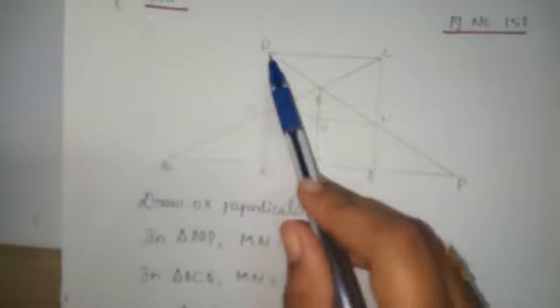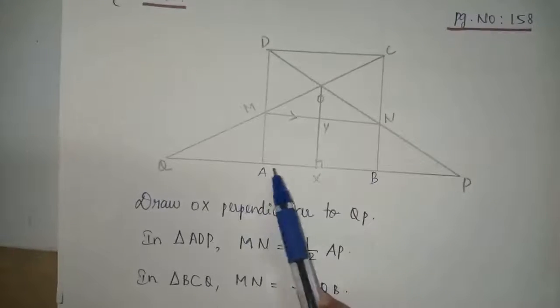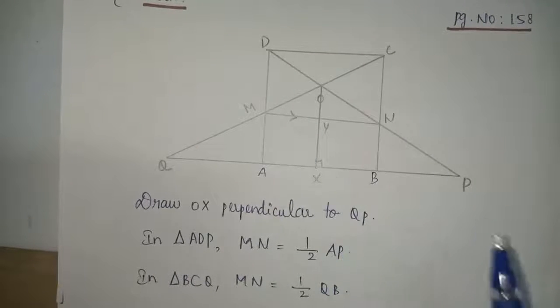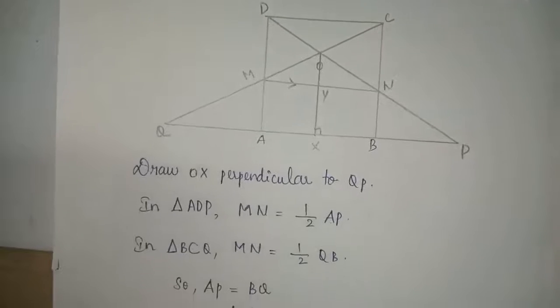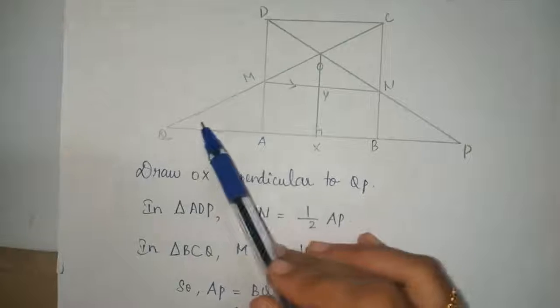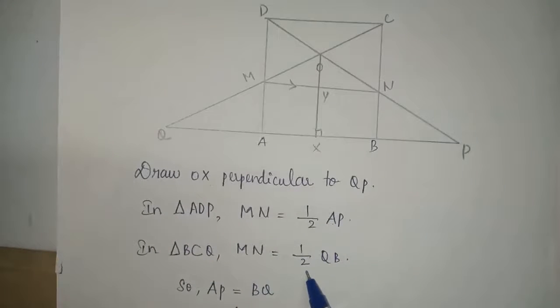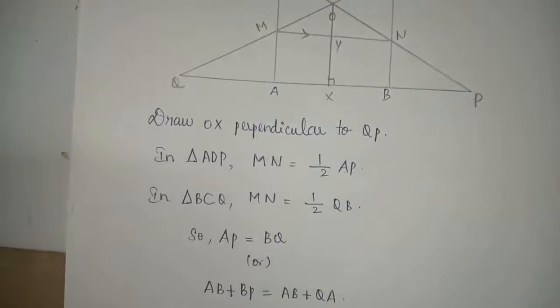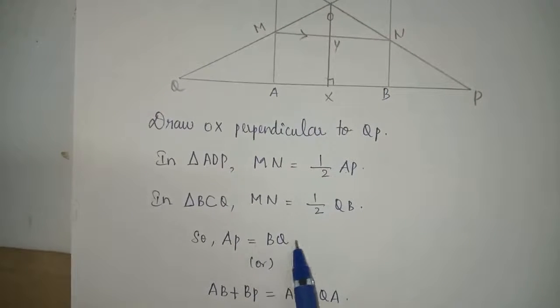First we are taking this triangle ADP. MN is equal to half of AP. Then triangle BCQ, MN is equal to half of QB. So AP is equal to BQ.